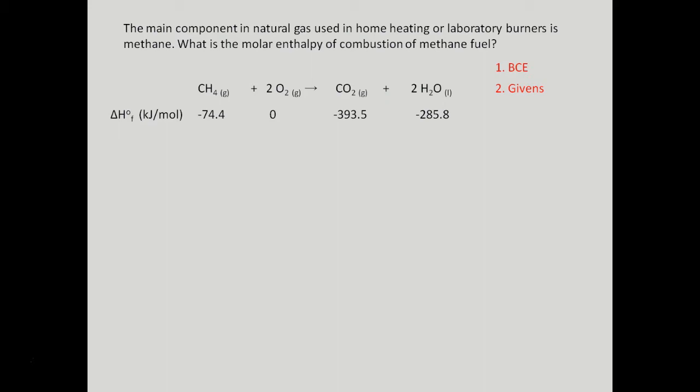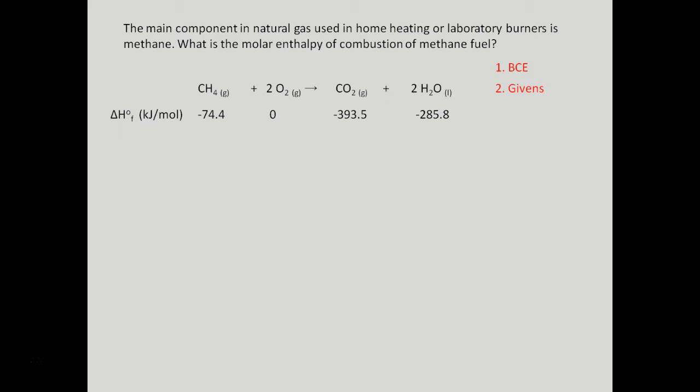We could look it up for carbon dioxide gas, negative 393.5 kilojoules per mole. We could look it up for water, and we could also look it up for oxygen. But we wouldn't find oxygen on the table, because it turns out that the standard enthalpy of formation for any element in its standard state is 0.